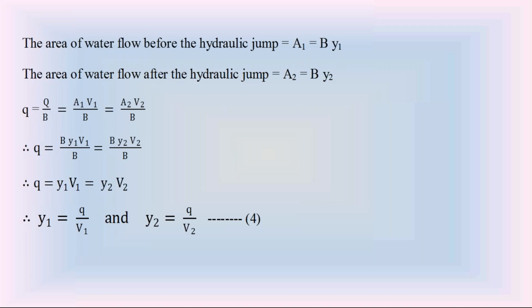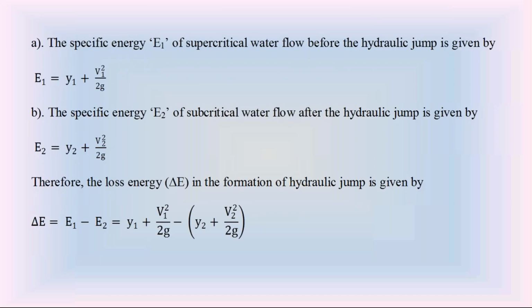For that, coming to section 1, at section 1 the specific energy E1 is y1 plus v1 square by 2g. At section 2 the specific energy after the hydraulic jump E2 is equal to y2 plus v2 square by 2g. So the loss of energy of water flow in the hydraulic jump, delta E, is equal to E2 minus E1.